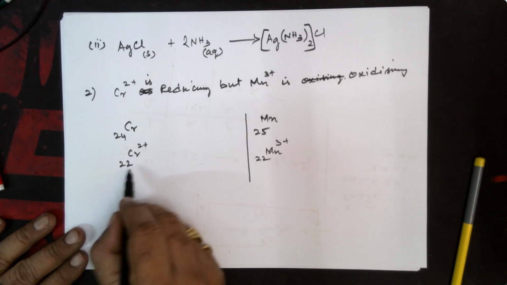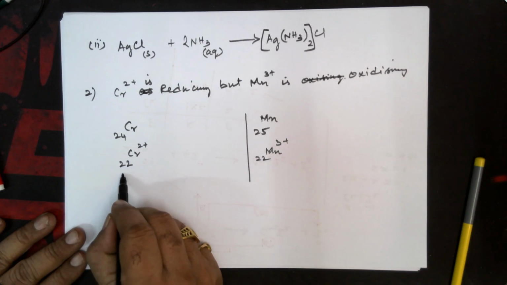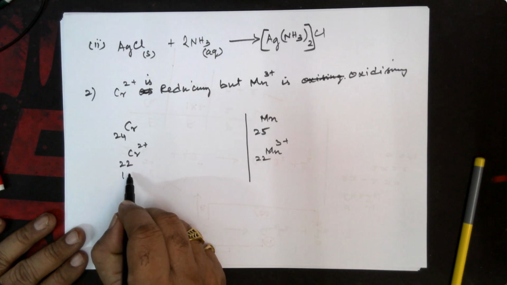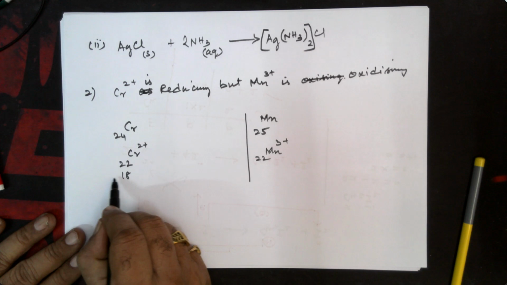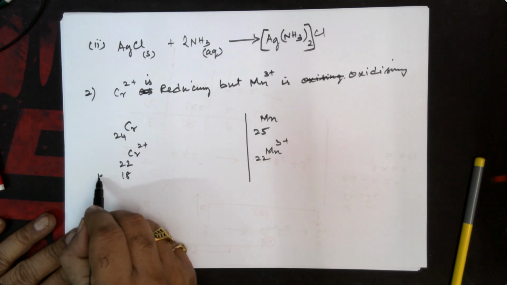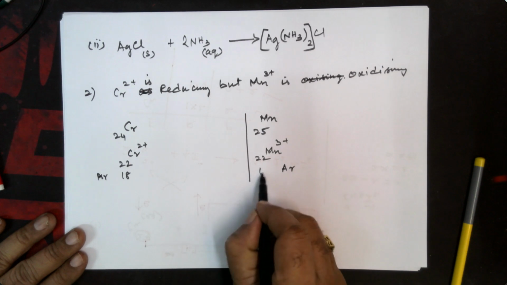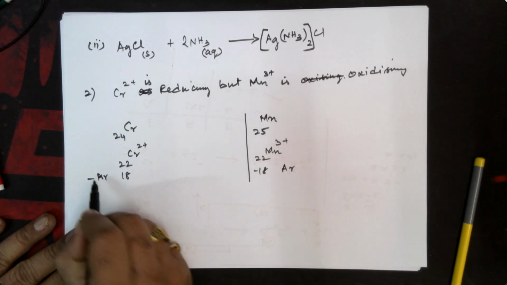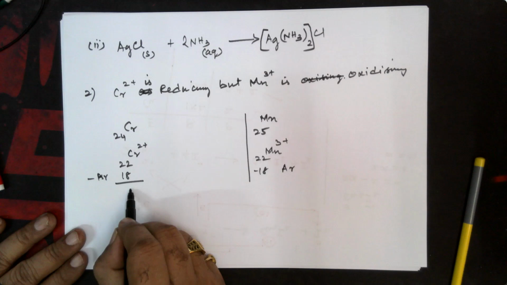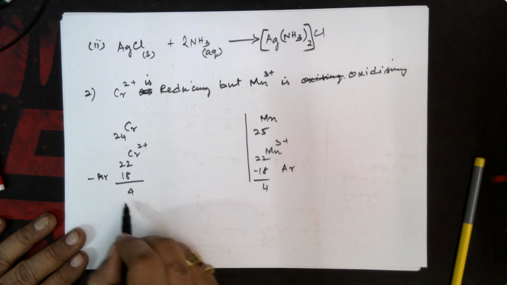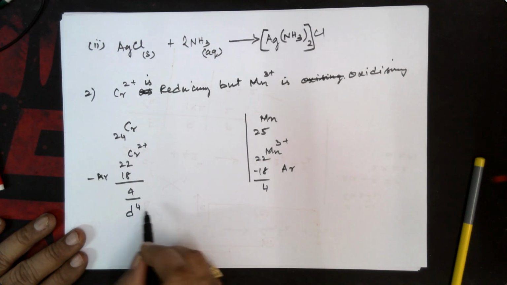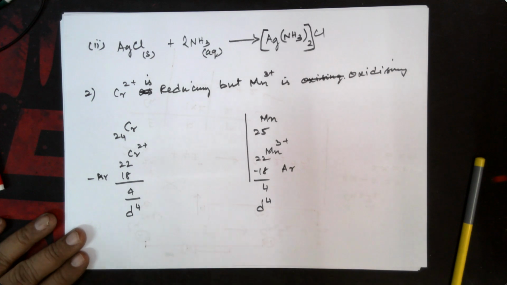So the nearest inert gas configuration is argon, 18, and you can subtract. Finally you get 4, which means D4 configuration.